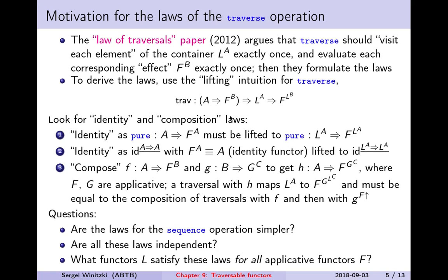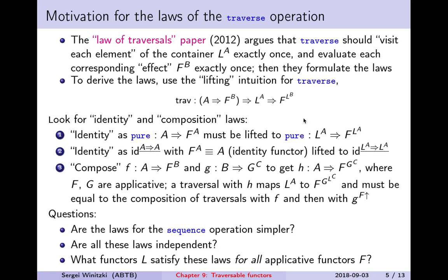Well, the pure method, obviously. And F has that method by assumption. So the identity law is that if we put a pure method here, then it should be lifted to this, which is again a pure method, except it's applied to a different type parameter.